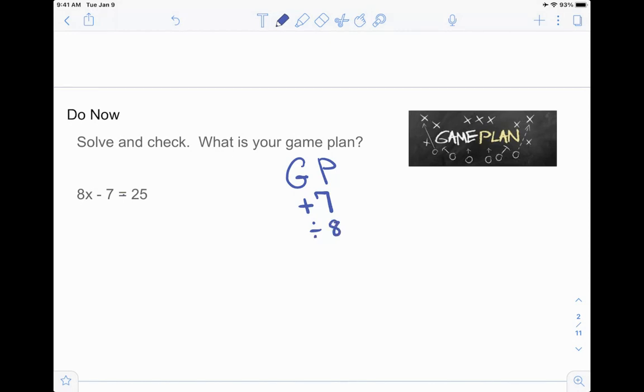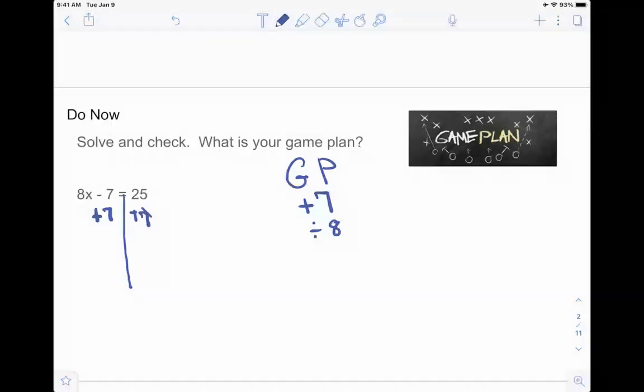So we want to draw a line right through the equal sign, and that reminds us that we're dividing the equation in half, and whatever we do on one side of the line, we have to do the same thing on the other side to keep the equation balanced. So I'm going to add 7 right underneath, and then on the right-hand side of the equation, I'm going to add 7.